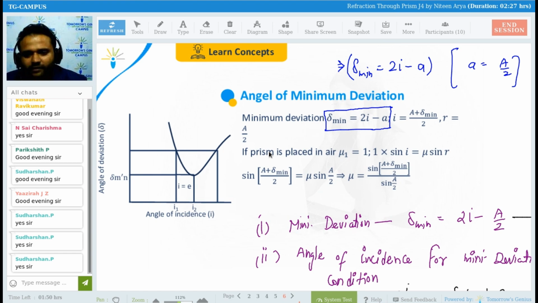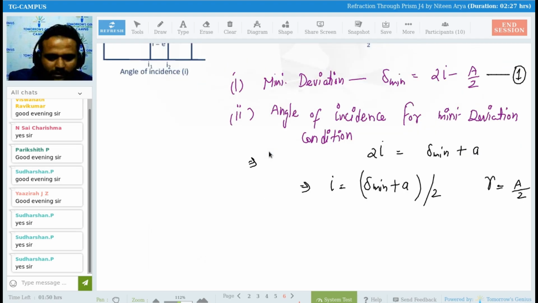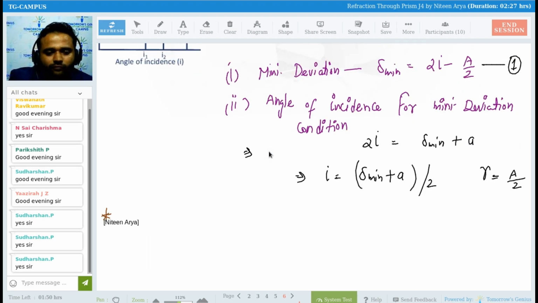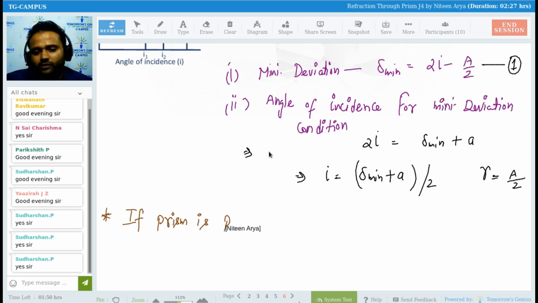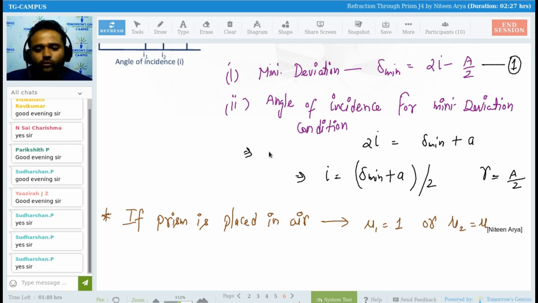So beta, you can see from this relation, for refracting surface 1, in general, if the prism is placed in air, then mu1 is going to be what? 1, and mu2 we can directly put as mu. Clear na? Till now everything clear everyone?